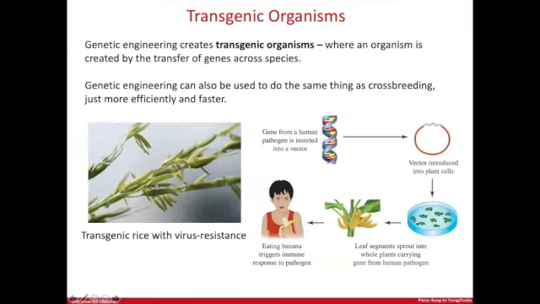Genetic engineering can be argued to be just more efficient and faster than selective breeding and natural processes. In creating a transgenic organism, it's not exactly like crossbreeding, though, because genes normally wouldn't transfer across species. In thousands of years, you would not have a bacterial gene inserted into a corn genome.